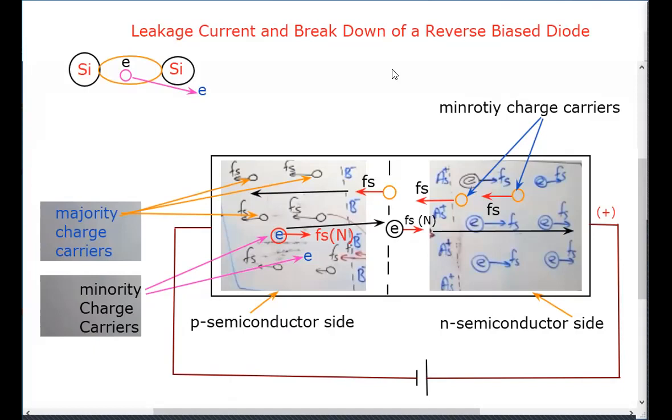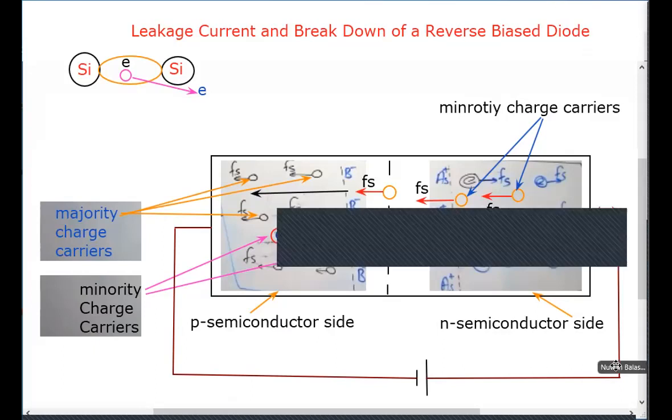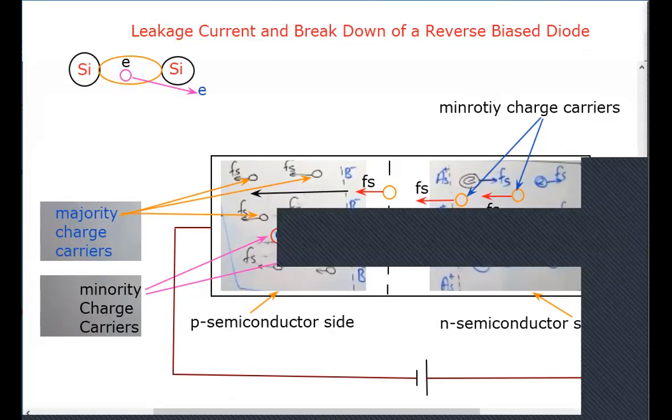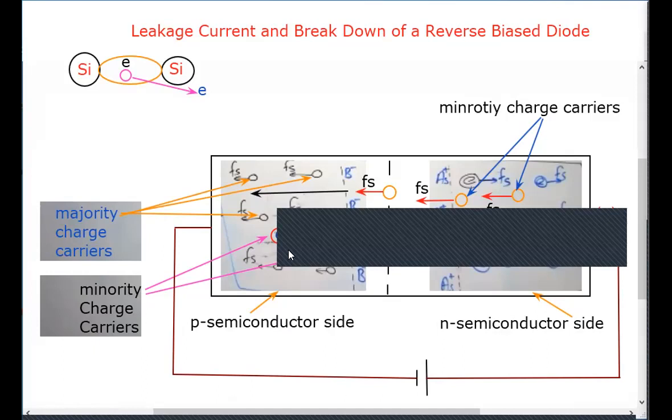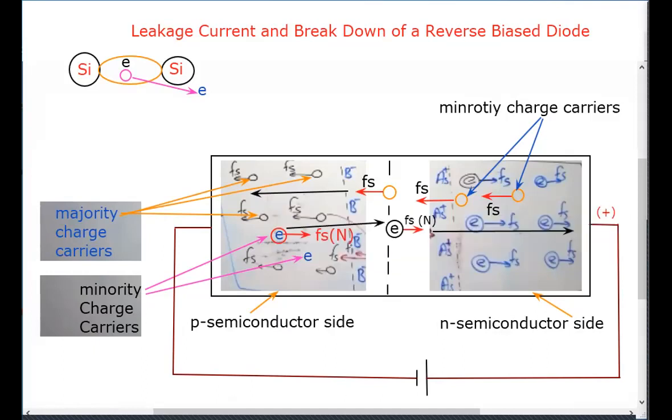Forces are formed on the minority charge carriers (electrons in the p semiconductor side) directed from p to n (F_s). Due to those forces, electrons are moved from p semiconductor side to n semiconductor side through the junction. As electrons are negative charges, the current is created in the opposite direction (n to p). That current is known as leakage current.